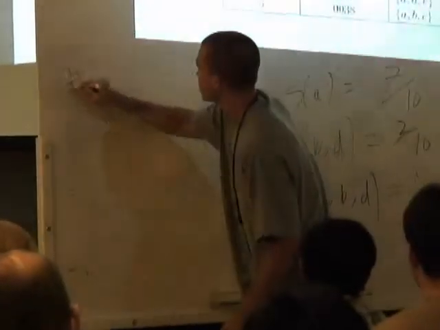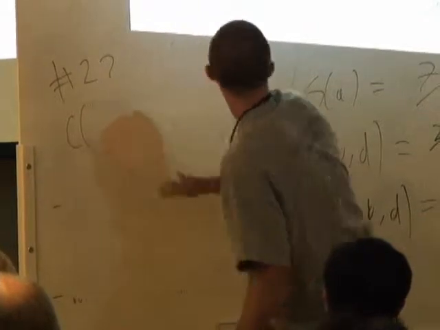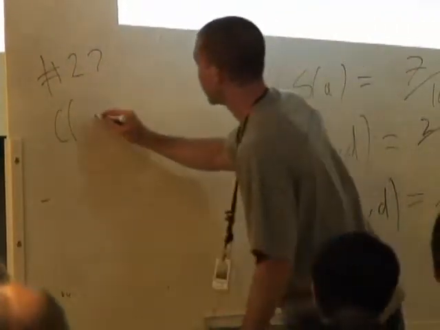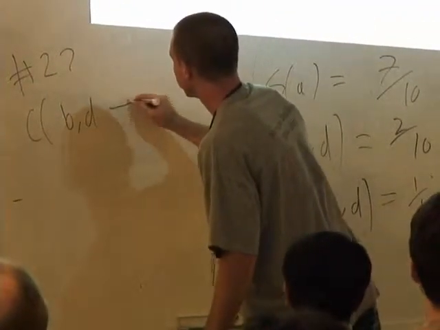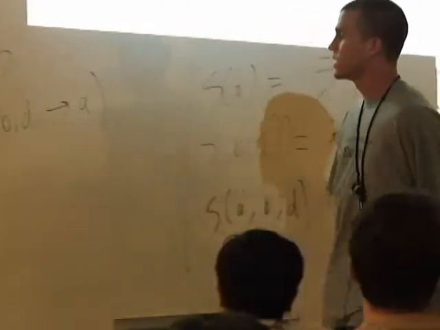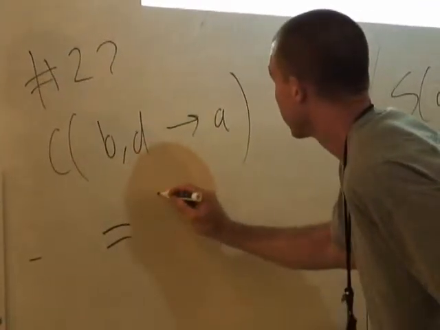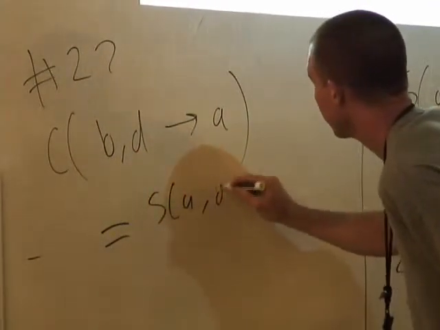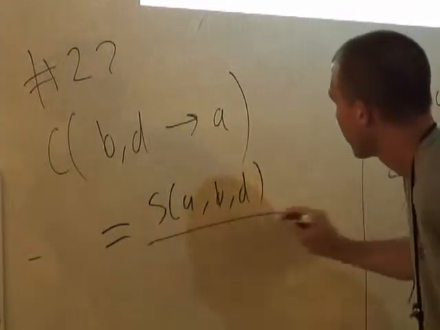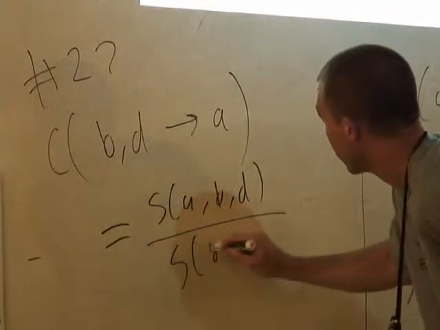Let's see, confidence for, let's do the first one, BD implies A. So basically this is asking, out of all the transactions that contained B and D, how many also contained A? So on the top, I want to put basically the support of A, B, D, and on the bottom I want to put the support for B and D, right?